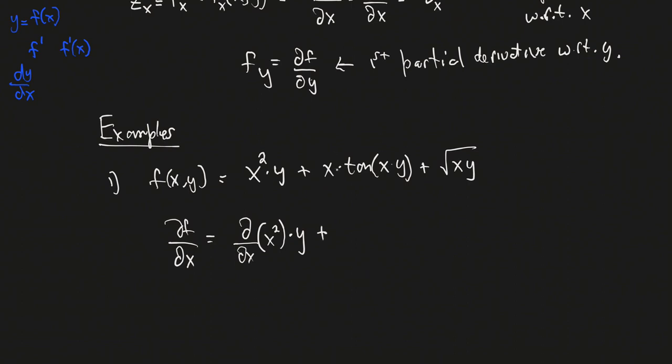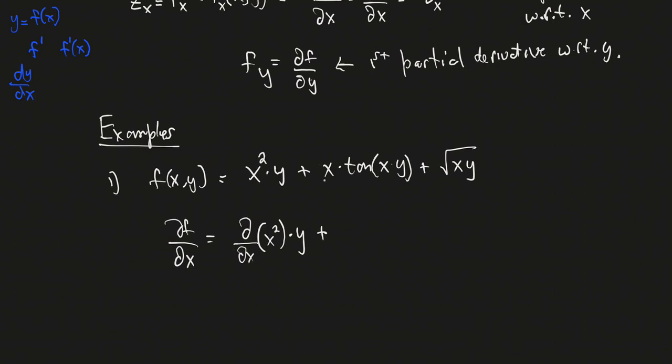The next term now involves several things that we have to be careful of. The first big thing that we need to realize is that there is a product, and this factor involves x, this factor involves x. So what that means is I have to use my product rule. So I'm going to write down what the product rule says first, and then again we'll actually compute it in the next step.